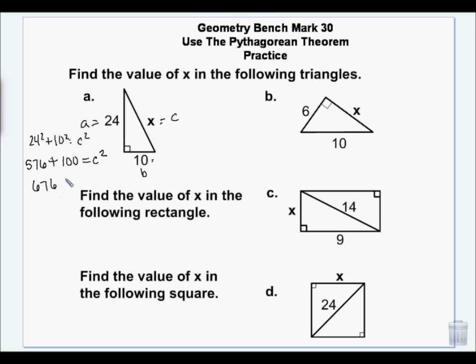So 676 is equal to c squared. And then if I take the square root of both sides, c is 26. So we took the square root of both sides. So 10, 24, 26 is another Pythagorean triple. Anytime you get a whole number, you found a Pythagorean triple.